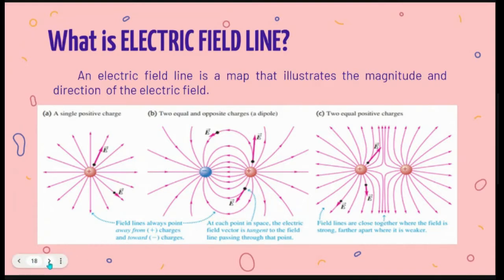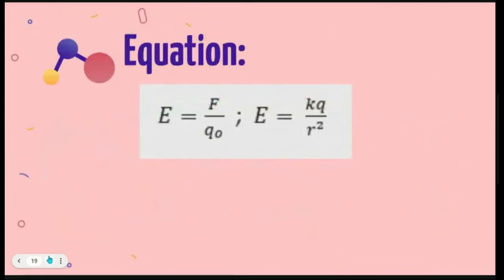Now, electric fields are represented using an equation. As I've said a while ago, the electric field is always tested with respect to the test charge. Test charge is denoted as Q naught. Okay? What is the difference between a test charge and a charge?